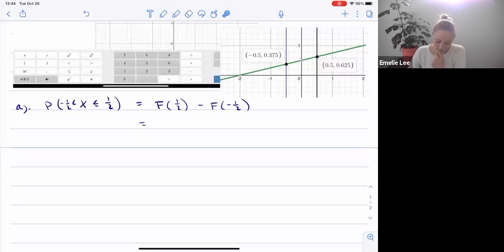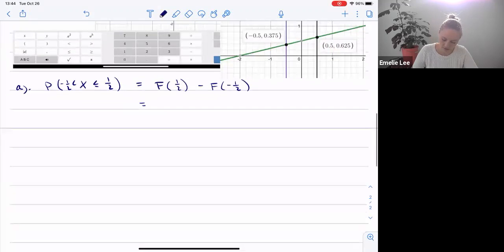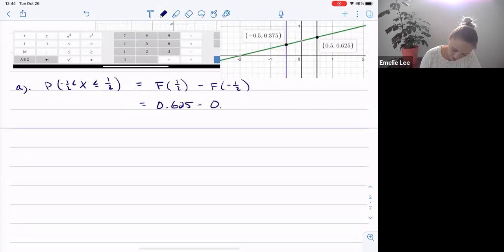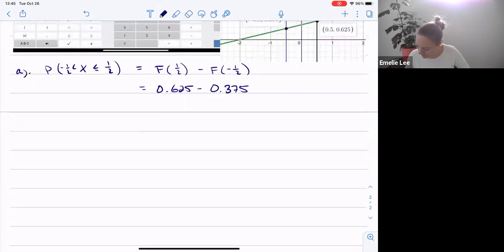The output when x is 1/2 is 0.625, and the output when x is -0.5 is 0.375. So 0.625 minus 0.375 is 0.25. So that's that probability.